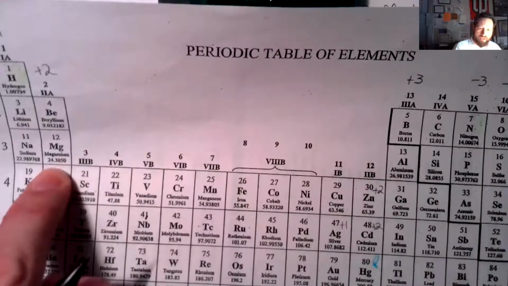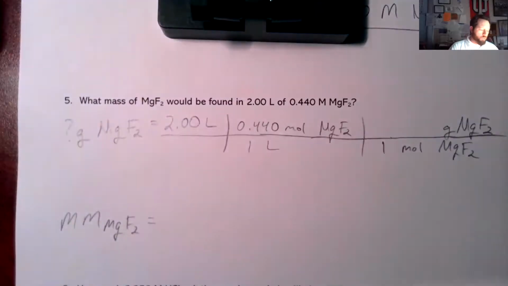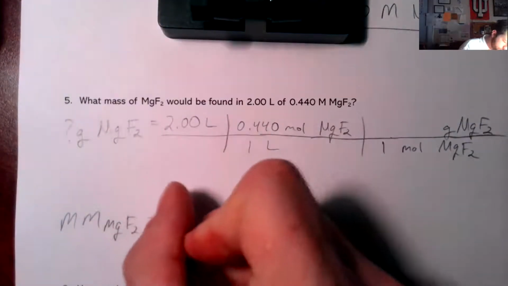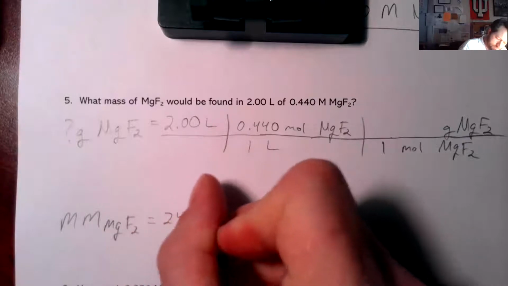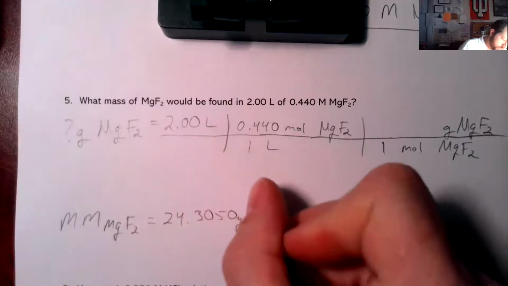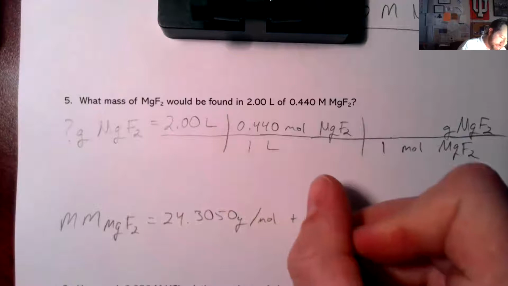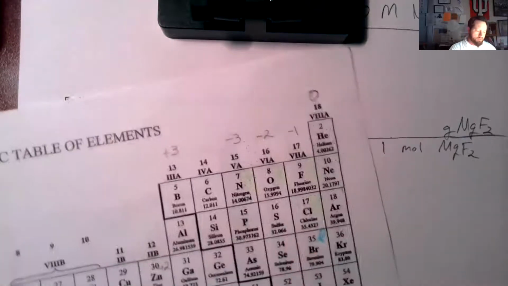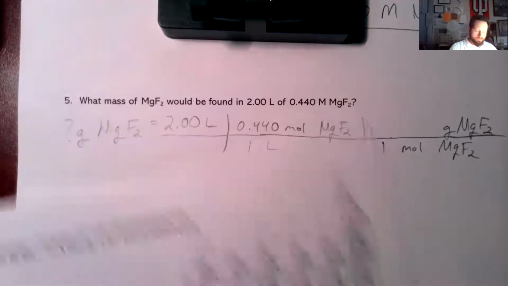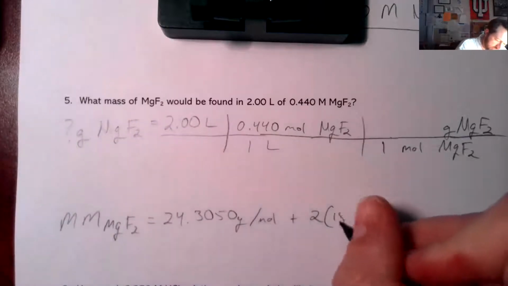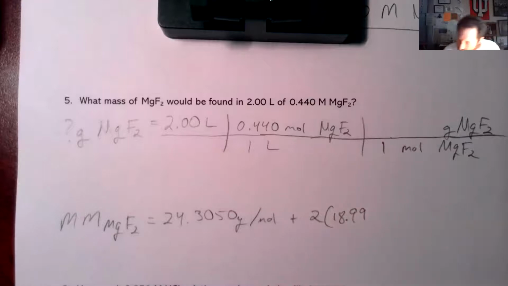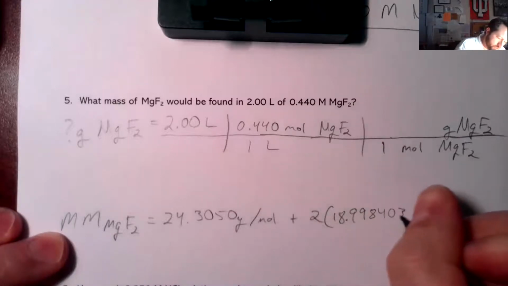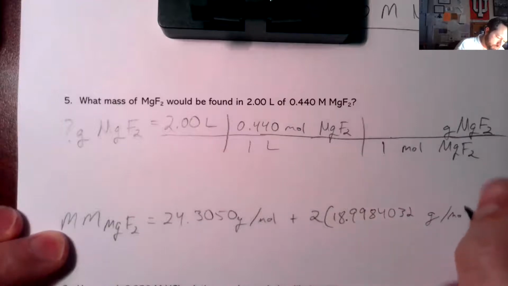So there's magnesium, the mass there, 24.3050 grams per mole. I need to add that to 2 fluorines. I've got 2 fluorines here. So the mass there is 18.9984032, again, grams per mole.